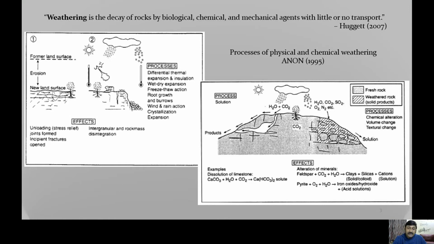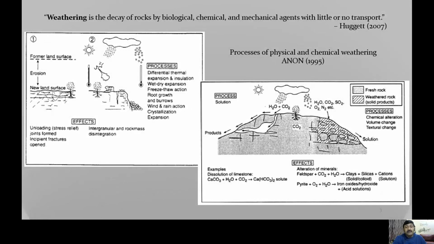And there are several processes that are involved in chemical weathering. For example, you have solution, you have hydration, you have oxidation reduction, you have carbonation, you have hydrolysis, which is very, very important. And because of that, we get the altered minerals when you look at the weathered rocks.